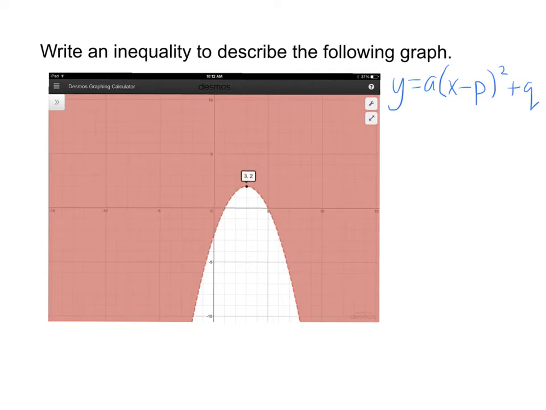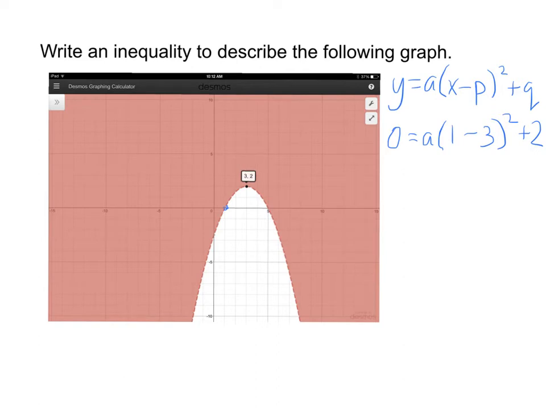I'm going to fill in one of the points that I know as x and y, and then the vertex as p and q. So let's do 0 for y. I'll use this point here, 1, 0. I don't know a. x is 1 minus 3 squared plus 2. 3, 2, that's the vertex, so those are the p and q values.